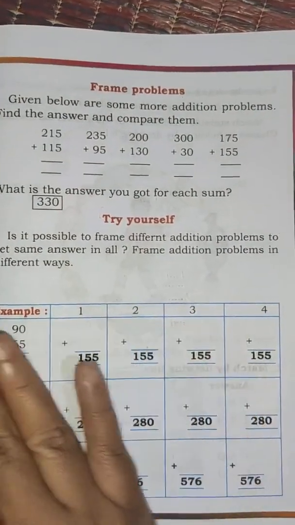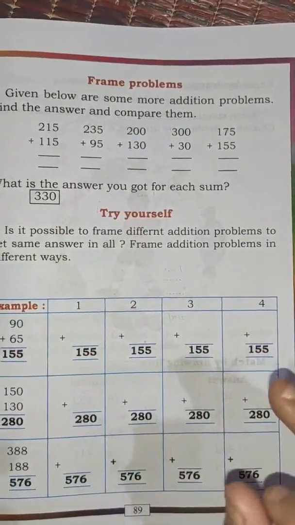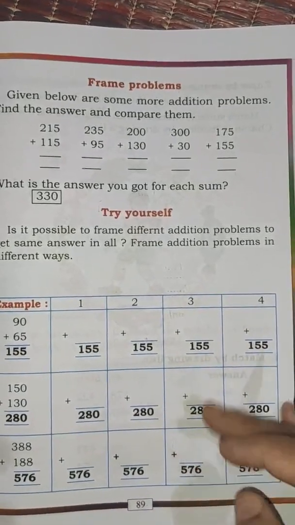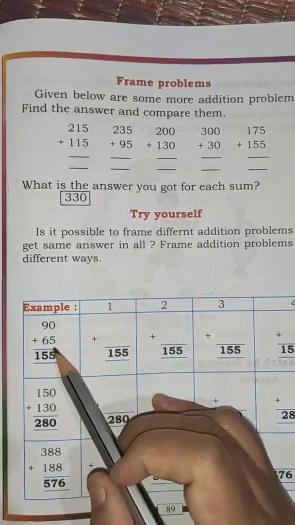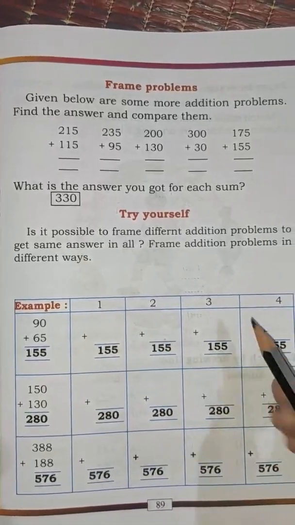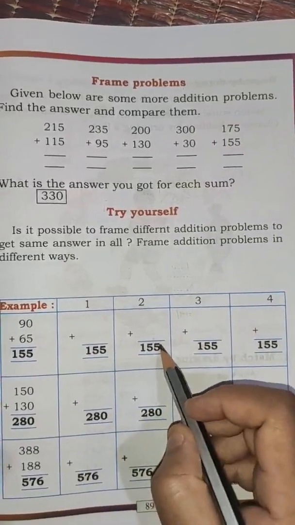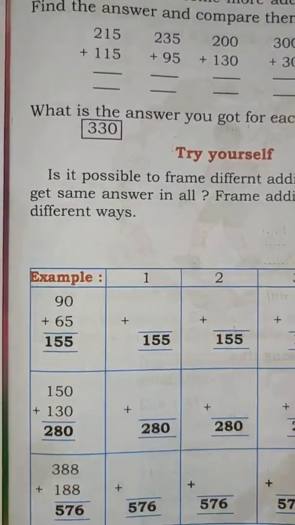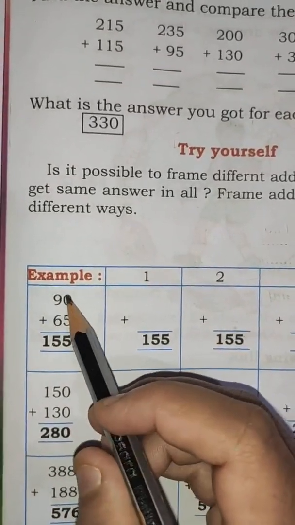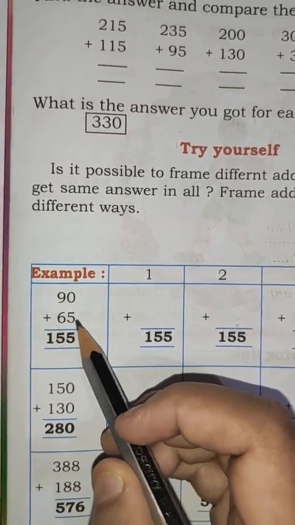Till now, what we have done is solve the problems to get the answers, but here we already have the answers. We only have to frame the problems for those answers now. It is totally opposite. Let us do one example. The first one is 90 plus 65.